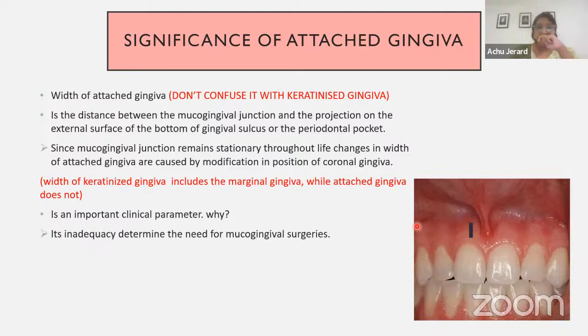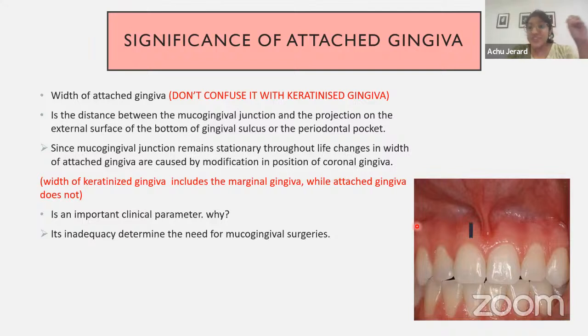Okay. So now we'll see the significance of each of these. The significance of attached gingiva, I've already told you. Attached gingiva is that firm and adherent portion of gingiva, firmly bound to the underlying alveolar bone or the periosteum, right? So its width is very important.